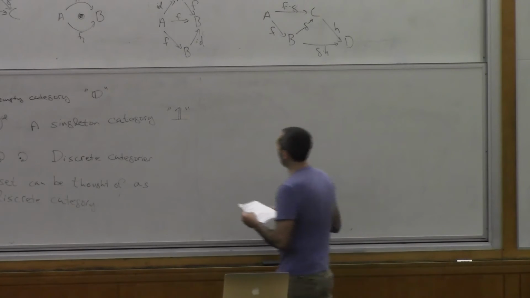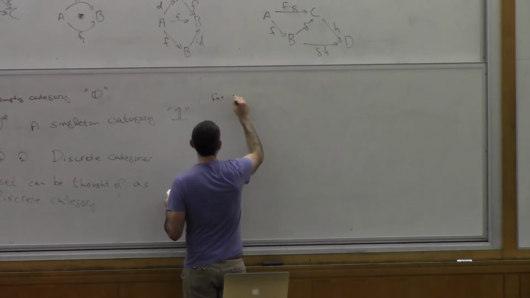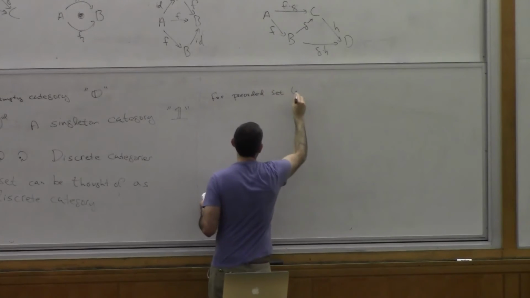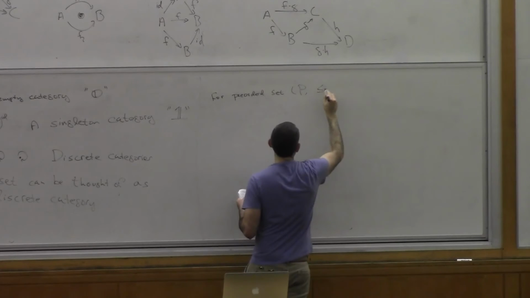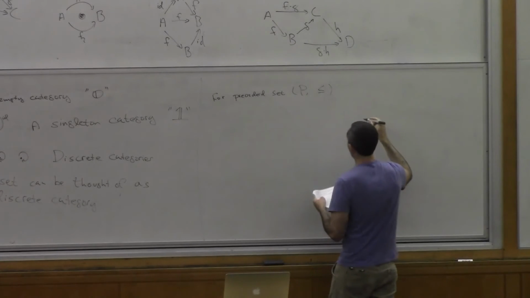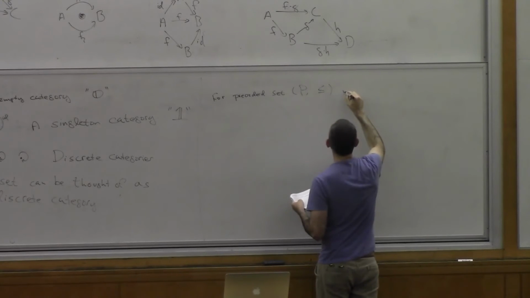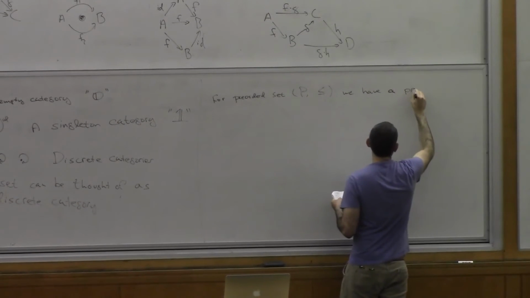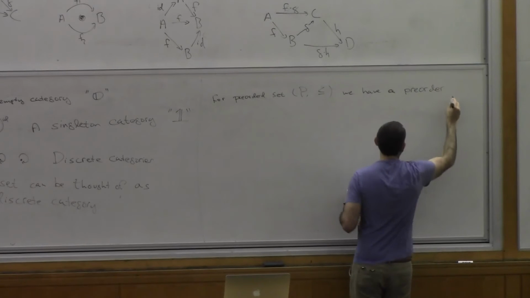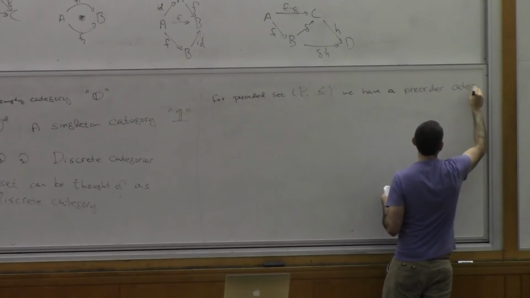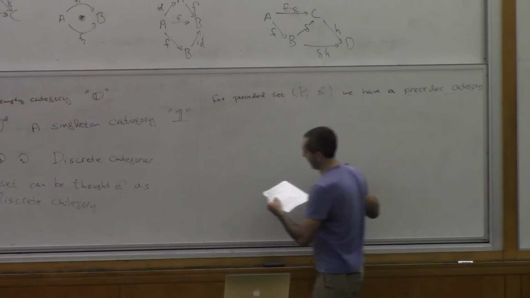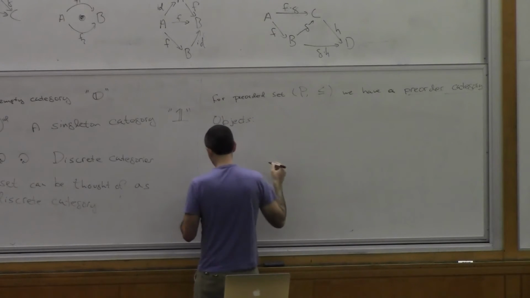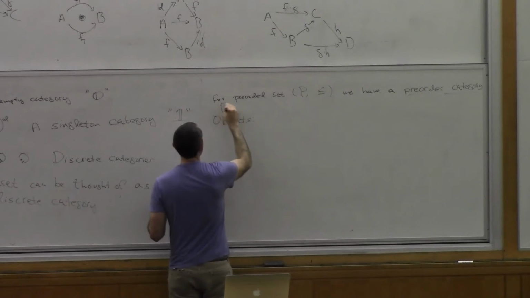And for any preordered set, we'll call it P, so that's the set P with the relation less than or equal to, we can define a preordered category. I'll name it blackboard bold P.